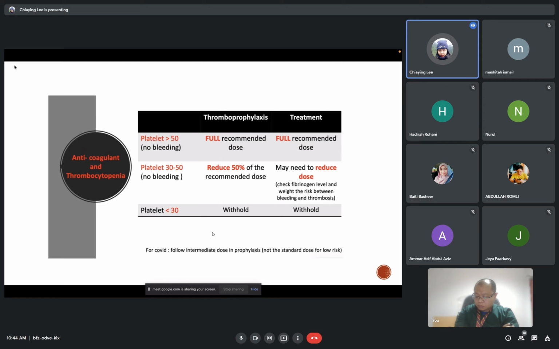If the platelet is 30 to 50, no bleeding, for prophylaxis, you should reduce to 50%. And for treatment, you may consider reducing the dose. You need to weigh the risk and benefit. But if the platelet is less than 30, you need to straight away withhold.